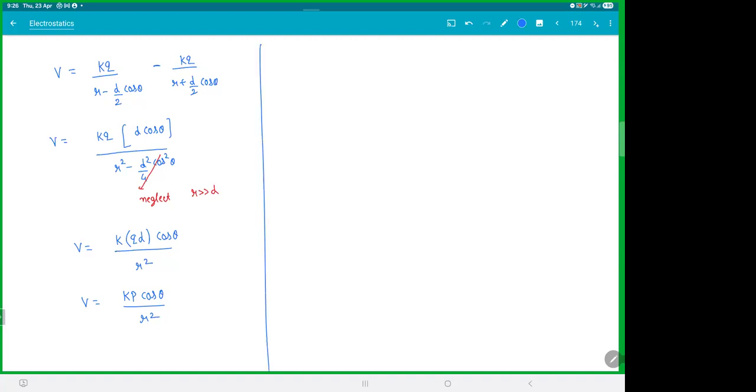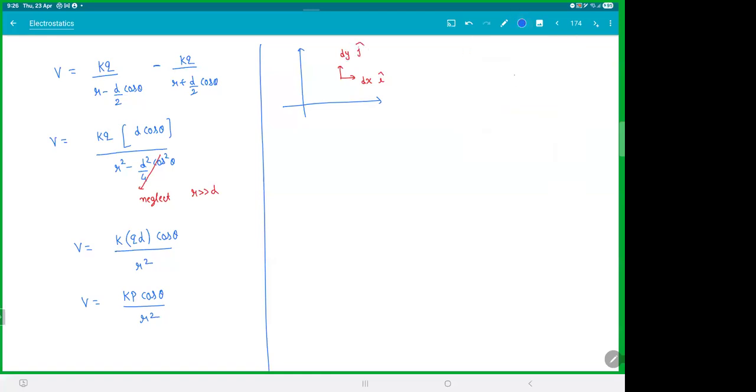And now from potential, we need to find the field. Now be careful here. Here all the things are measured in angles and R. So this is actually polar coordinates. Now, if you remember in Cartesian coordinates, whenever I ask you to find the vector, we used to say the vector is dx i cap and dy j cap.